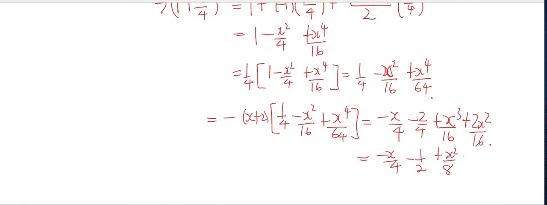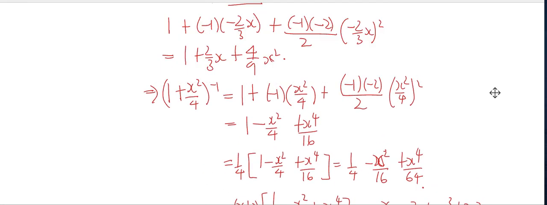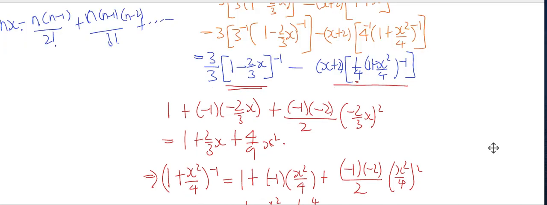Now let's continue. Earlier we already have 1 plus 2 over 3x plus 4 over 9x squared.